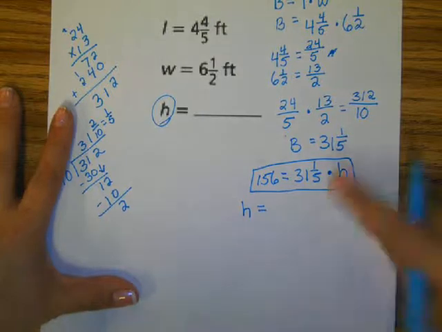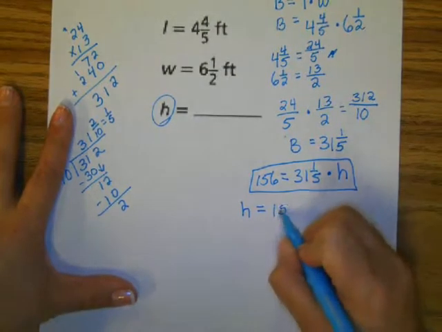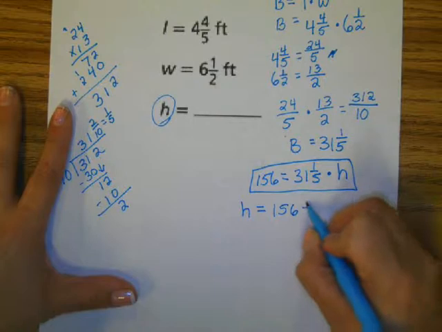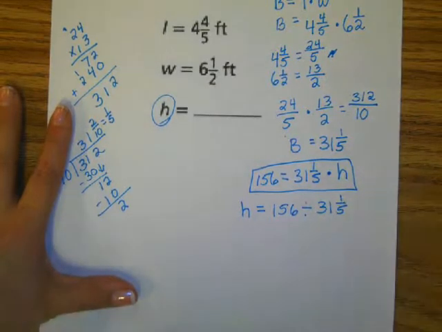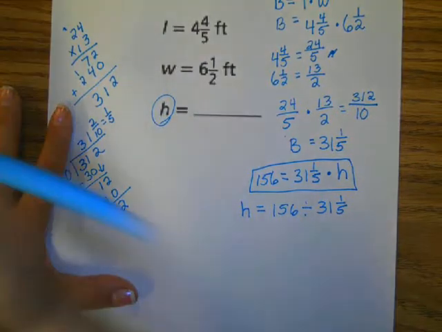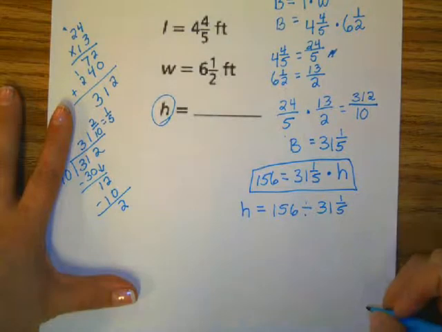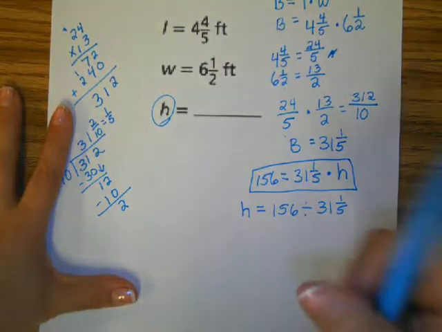Turn it into a decimal. How could I do that? You can divide 1 by 5, and that's 1/5 as a decimal, which is 0.2. So 31.2, that would be our decimal.